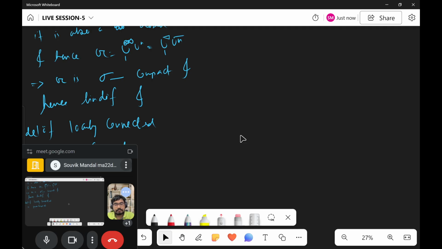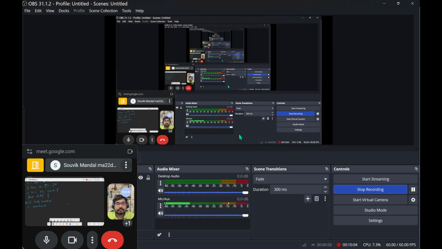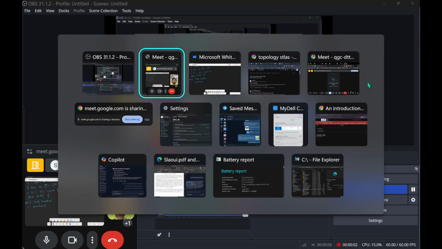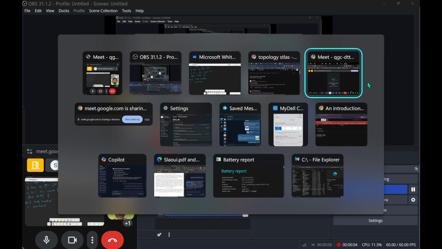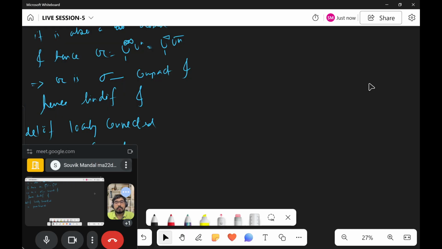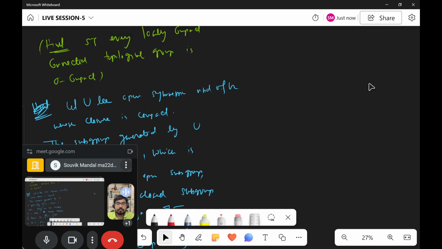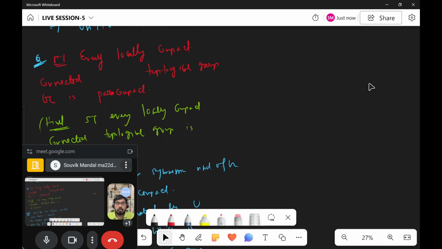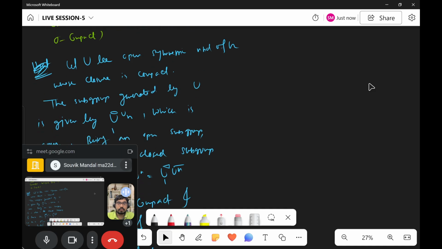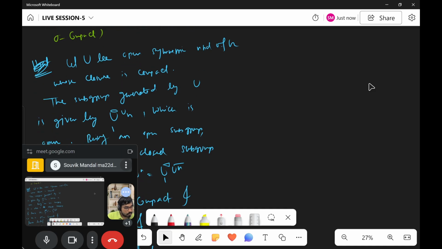Basically, the argument was as follows. G is locally compact, so we are choosing a U. Let U be an open symmetric neighborhood of the identity whose closure is compact.